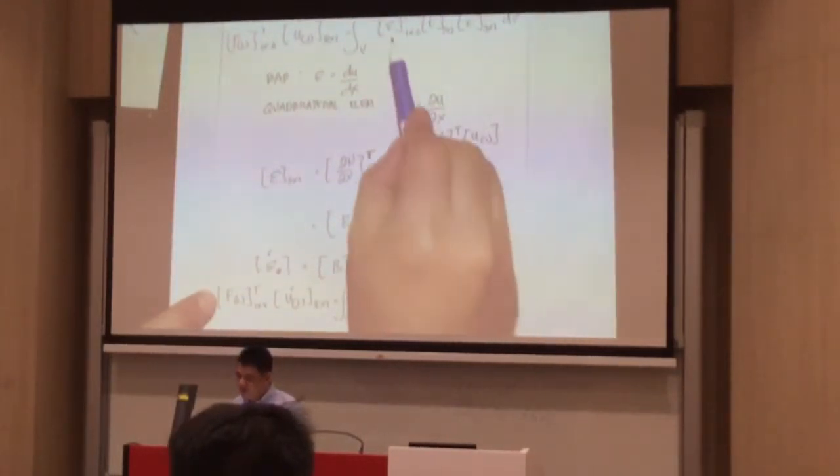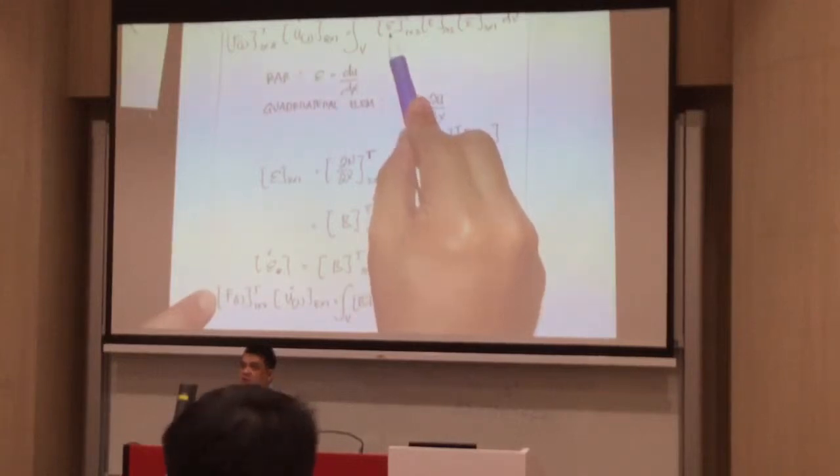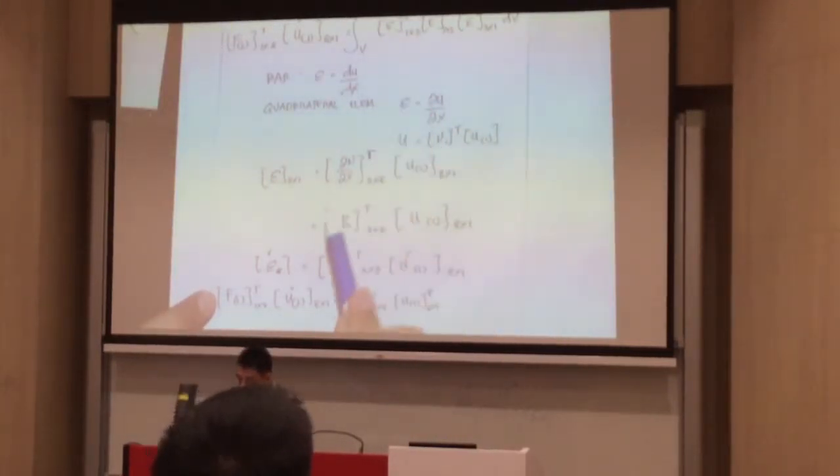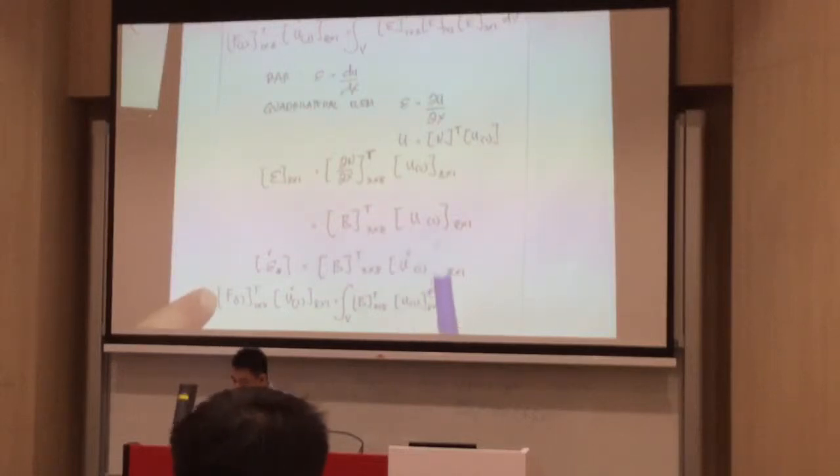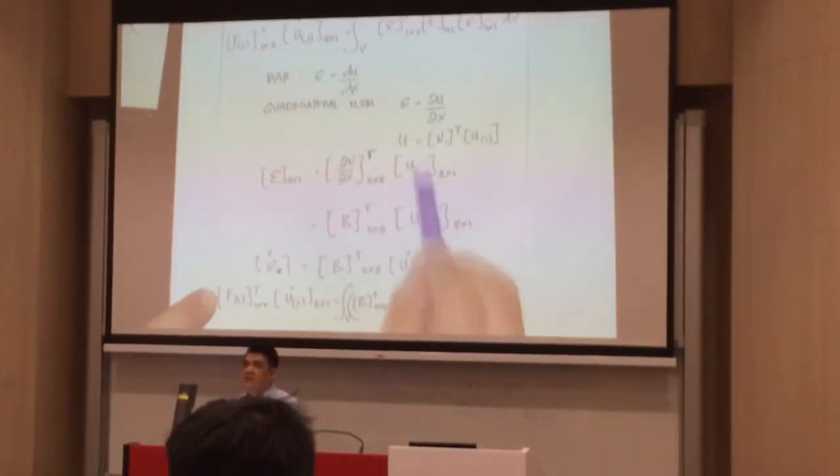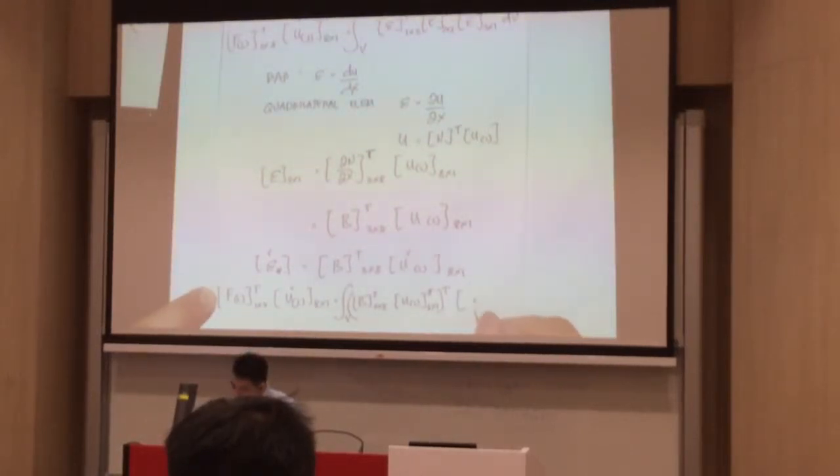So I'm following this one here: strain transpose. Our strain here will be B transpose ui, and then I take the transpose of this one, because my strain is this one here and then I take the transpose. That's why I have it there. So I can multiply this one with my E, 3 by 3, transpose.